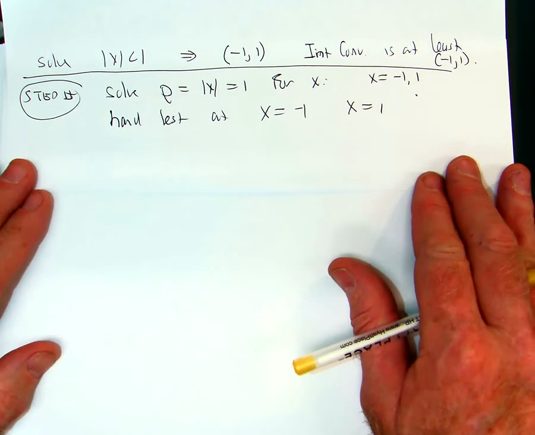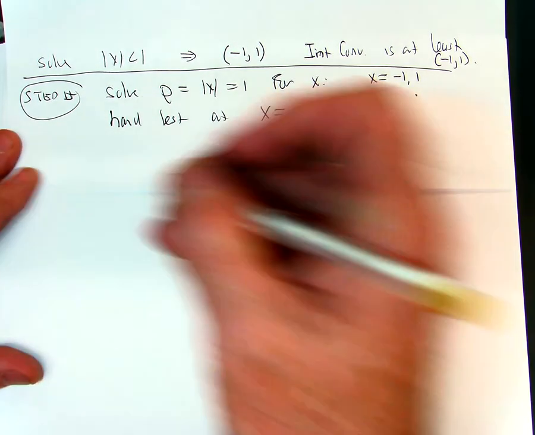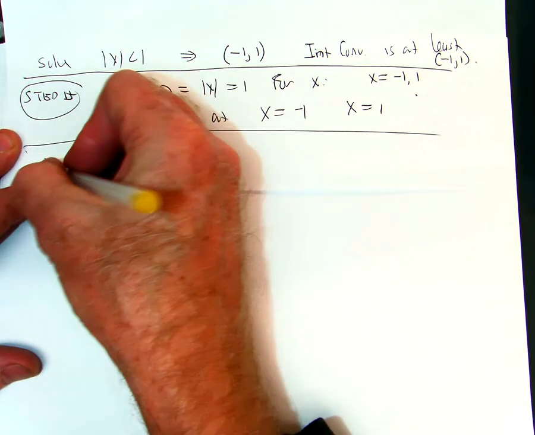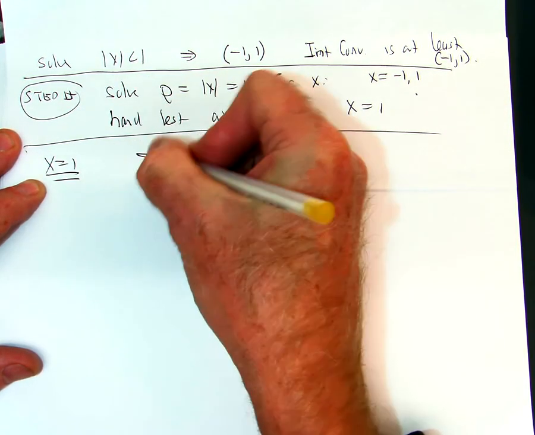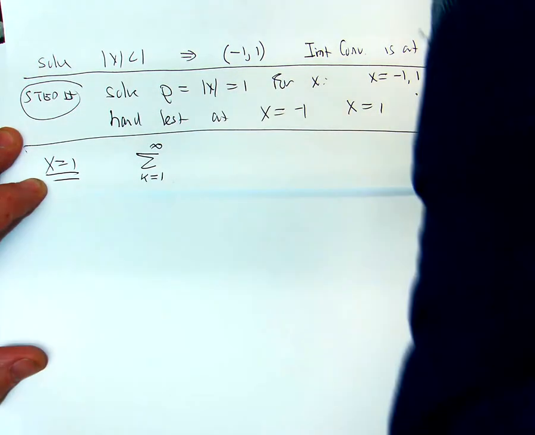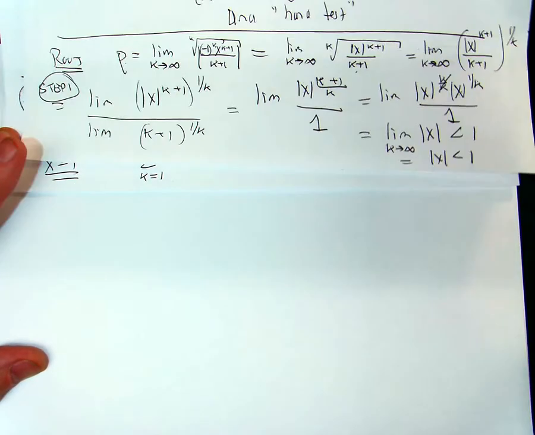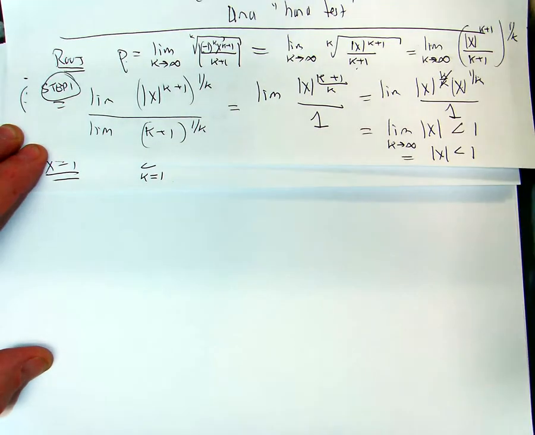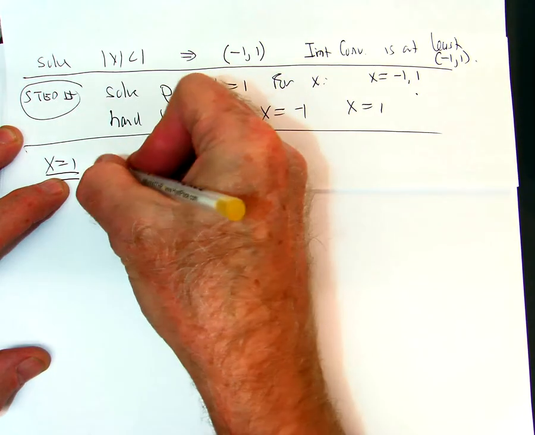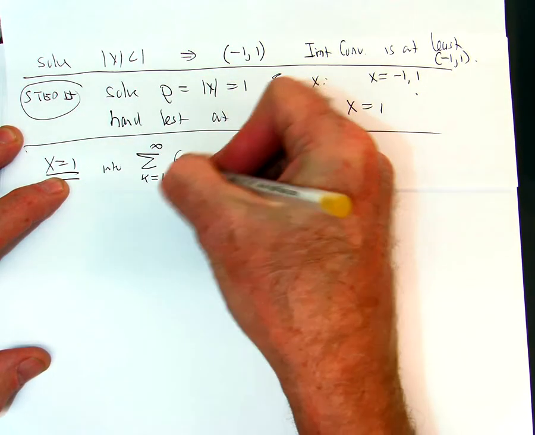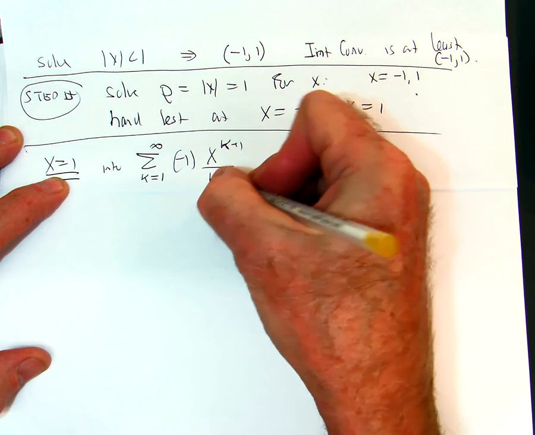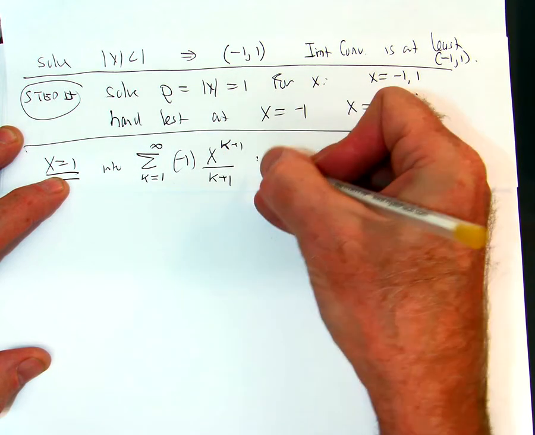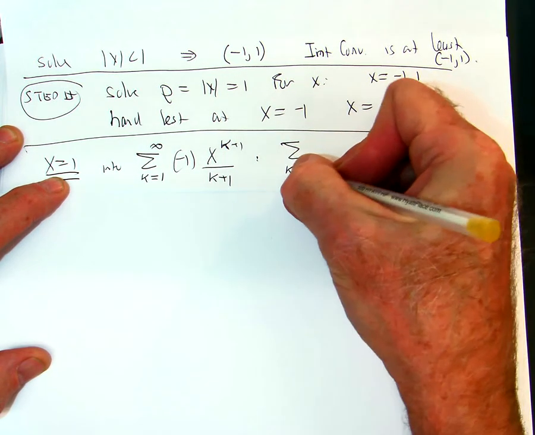So I'm going to plug in x equals 1. I get this series. Oops, let's see what the original series was. That was the original series right here. So let's write that down. And I get the sum, k is equal to 1.